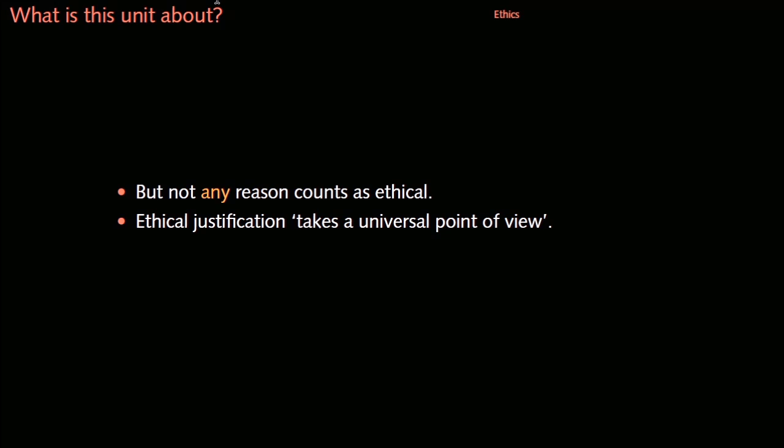Now, at this point, I've just introduced you to a slightly technical notion that philosophers have used, this idea of taking a universal point of view, as a way of trying to explain what makes ethical justification special and different from other sorts of justification. And this is where I hit one of the limitations of the lecture format. When you are trying to acquire a new concept, I'm sure you're not bamboozled by this concept, by the way, right?